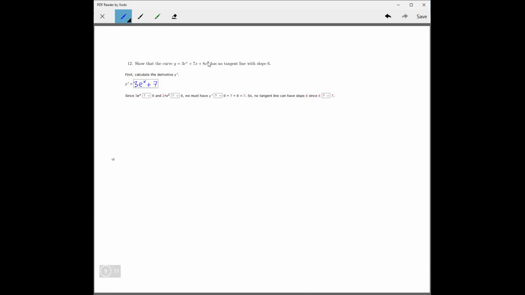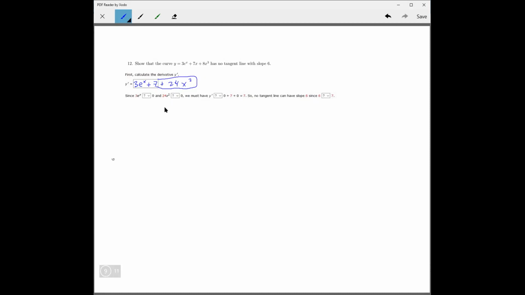The derivative of this, you can bring the 3 down, that's 24 times x cubed, so you take 3 minus 1, that's 2, so 24x squared. Okay, so that's the derivative.